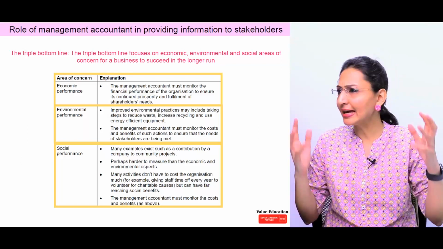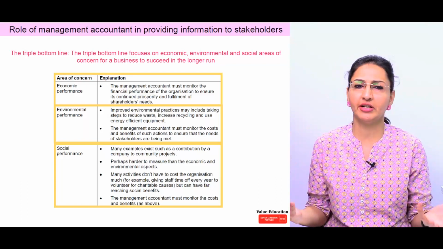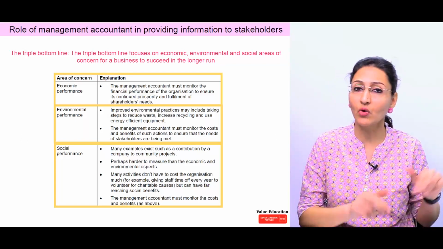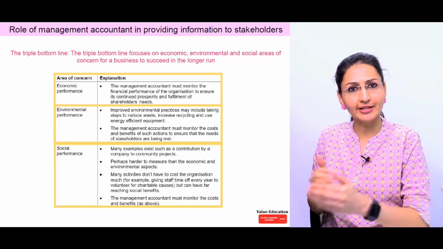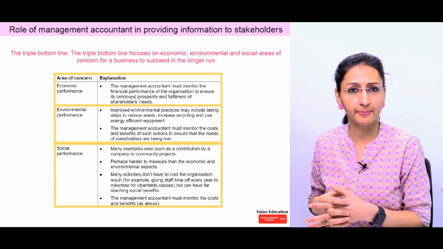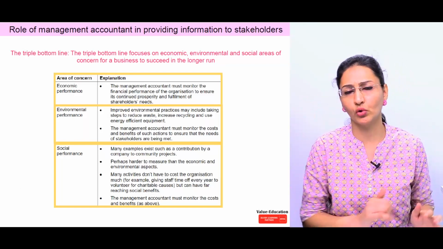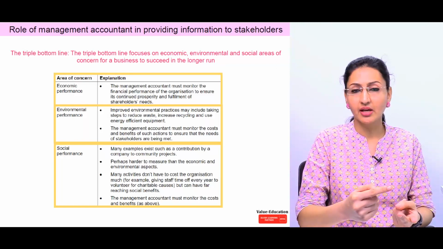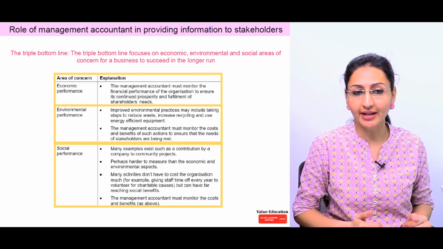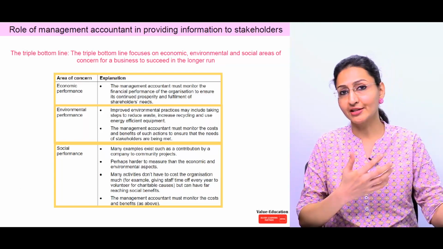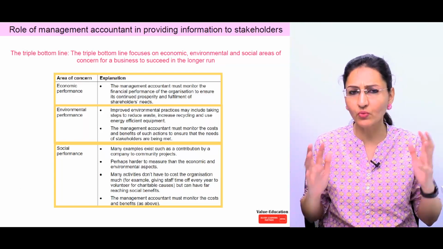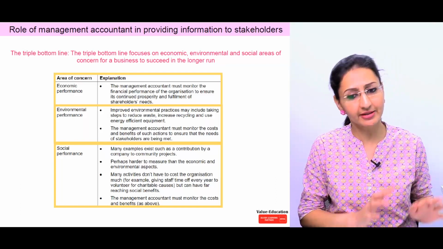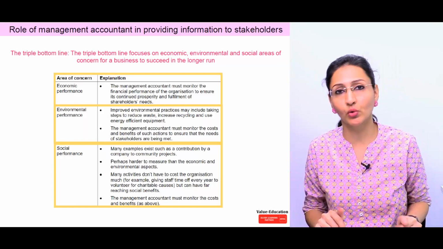A stakeholder is any individual or group of individuals who are interested in the organization: what the organization does, how it does it, whether the organization is going to sustain for a long period of time. Whoever is interested is a stakeholder. They can be the suppliers, the customers, the employees of the business, or the government, because the government has to collect taxes from the business. Everyone is a stakeholder.